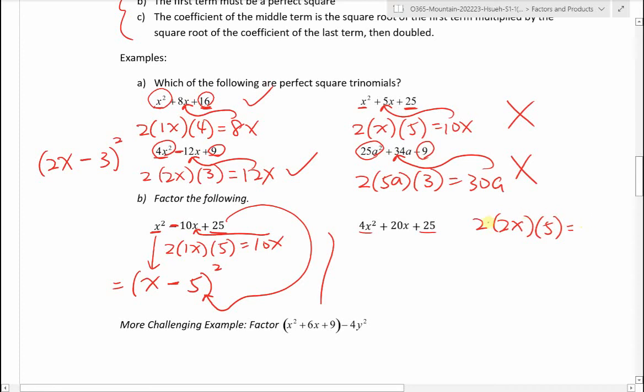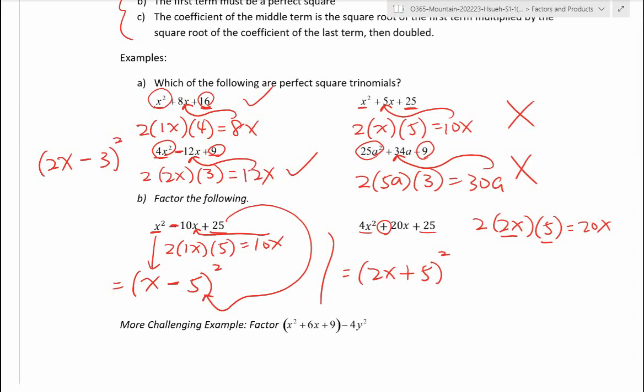See if it works. That's 2 times 2x times 5, that's 20x. Perfect. That's the same as your middle term, and therefore this is going to be a perfect square trinomial, and they are simply going to be 2x and a 5 for your first term and second term. It's a plus sign here, therefore it's going to be 2x plus 5 squared.